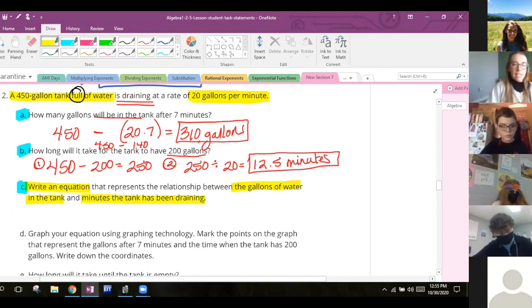Those last two things that I highlighted are the values that are going to be changing throughout the equation. So if we are talking about values that are changing, what do we use in their place? Variables. Okay, good. So what's a variable that will work for the gallons of water in the tank? G. Okay. And what about the minutes the tank has been draining? M.